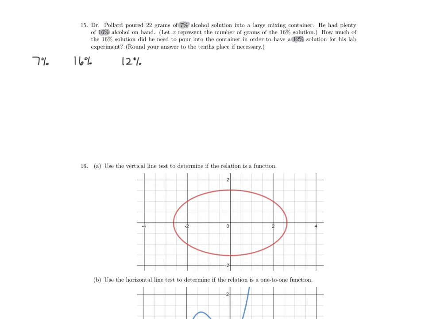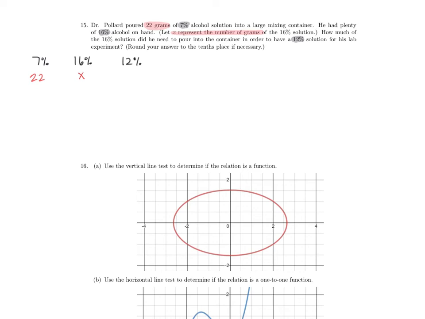It tells you that you're using 22 grams of the 7%. So I'm going to put 22 grams here. The 16% solution, it doesn't tell you how much, but it says let X represent the amount of grams you're going to use of the 16%, so that's going to be X. And then you don't know how much you're using of the 12%, but think about it this way.